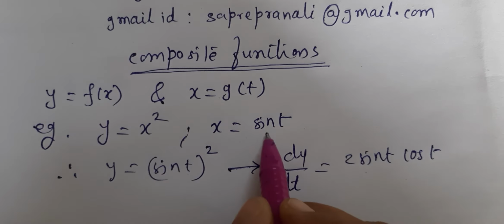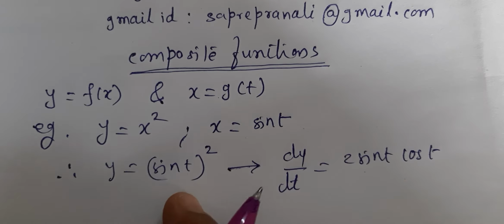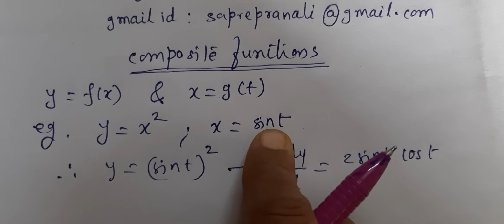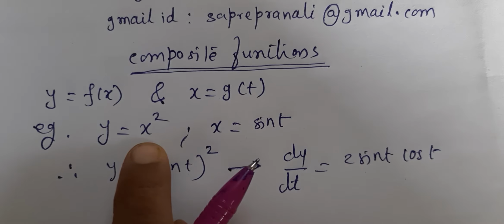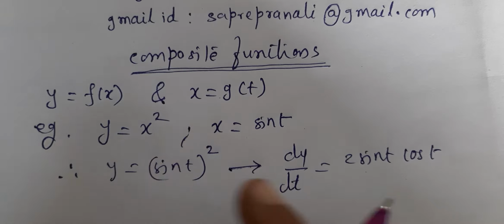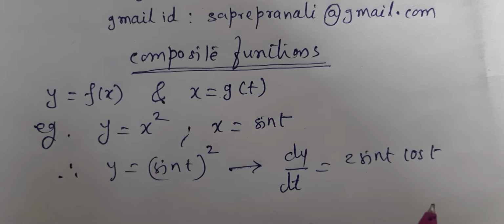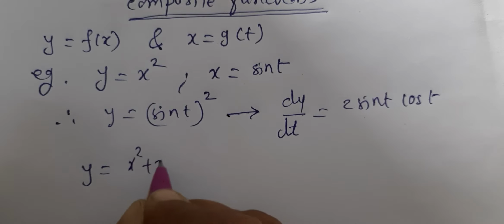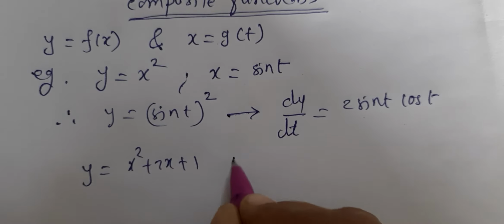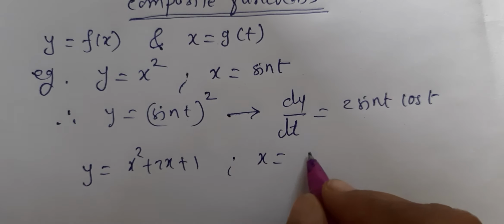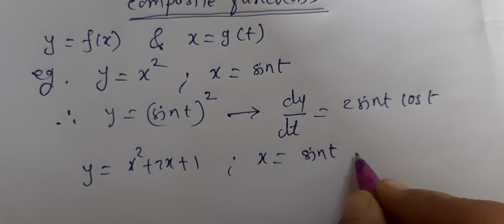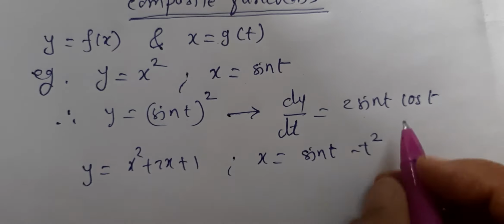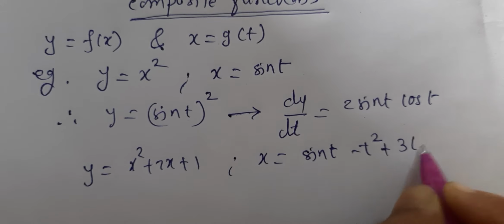We can substitute x here, but it may not always be possible, or may be very complicated. Like if I give you, say, y is x square plus 2x plus 1, and x is sine t minus t square plus 3t.